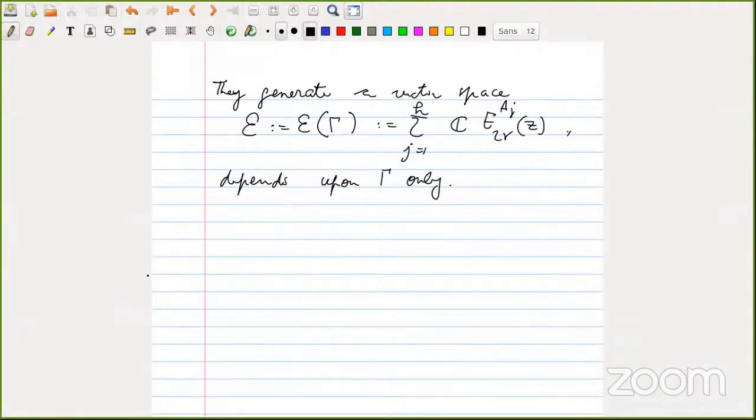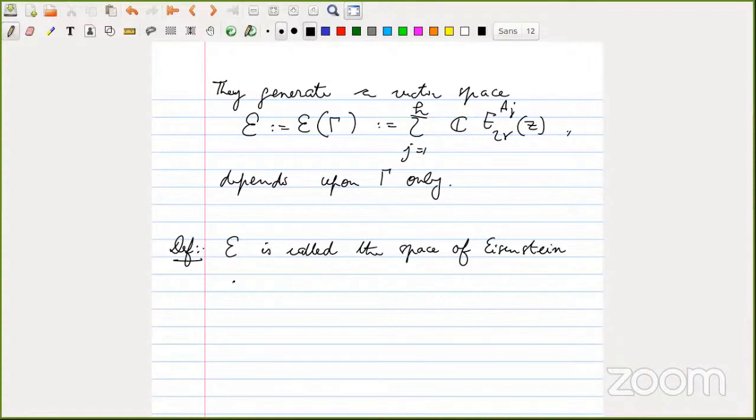Now, here is this definition. E is called the space of Eisenstein series of gamma.